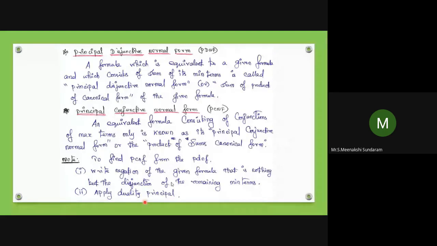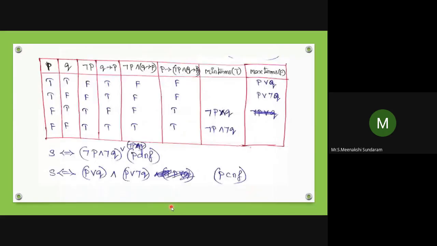Write the negation of the given formula, which is nothing but the disjunction of the remaining minterms. Apply the duality principle. That's all. Now I will give one example. For two variables P and Q, so 4 inputs. First P has 2 true, 2 false.